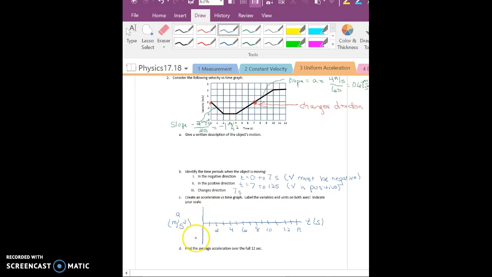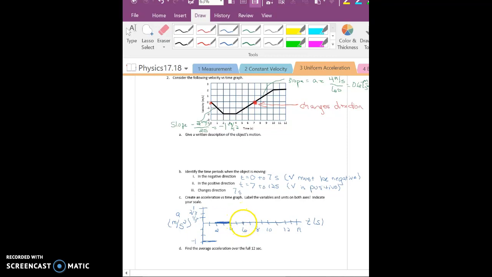So on my vertical scale, it looks like I need to go from -1 to +1, and I need to show thirds. So this is 1, and that's 1/3 and 2/3. And here's -1/3, -2/3, and -1. So for the first 2 seconds, we said the acceleration was -1. From time 2 to time 4, the velocity is constant, so there is no acceleration.